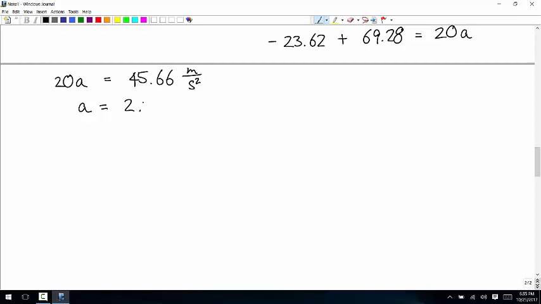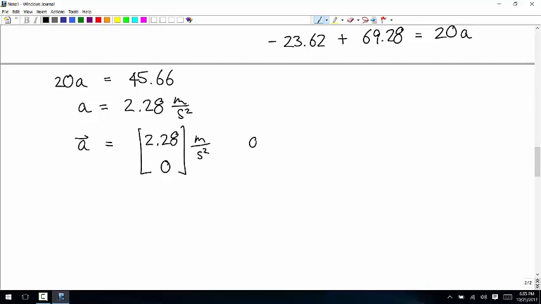Okay, 2.28 meters per second squared. And now plug that back into the acceleration vector from Newton's second law. And you get 2.28, 0 meters per second squared, or that's in the positive x direction again. So you could also think of it as a vector to the right with a magnitude of 2.28.